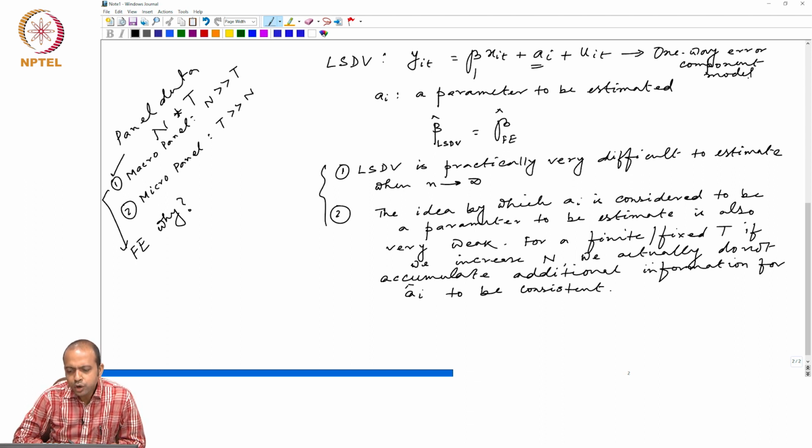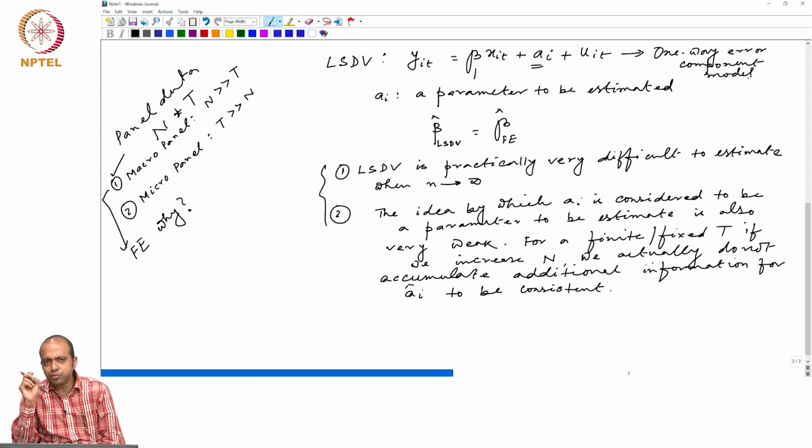Suppose we want to accommodate the fact that it is not only the individuals that are heterogeneous, but the years are also heterogeneous. For example, you are estimating the model in a specific context where the years are very different. For example, some major macroeconomic policies might have taken place. Let us say I am estimating farm performance in a period after demonetization.